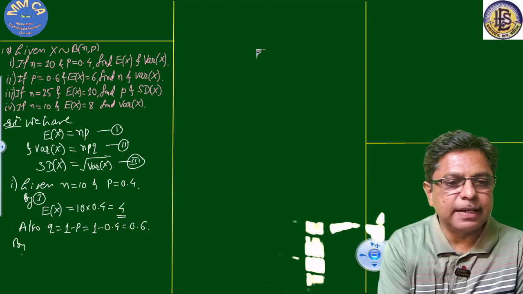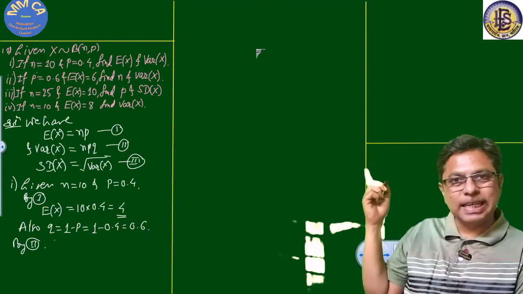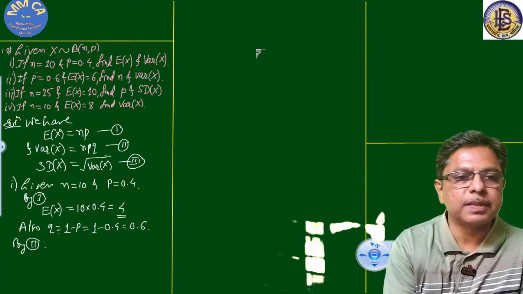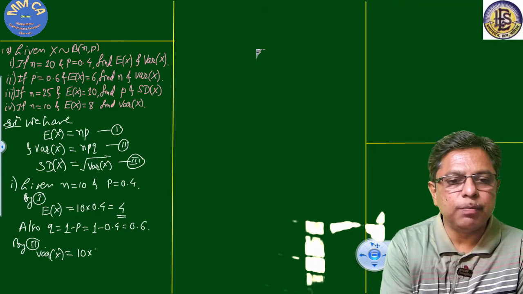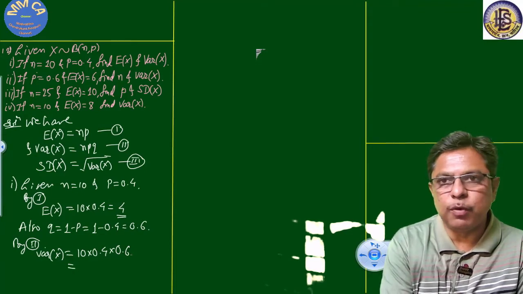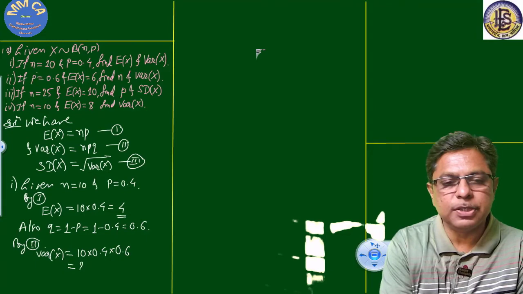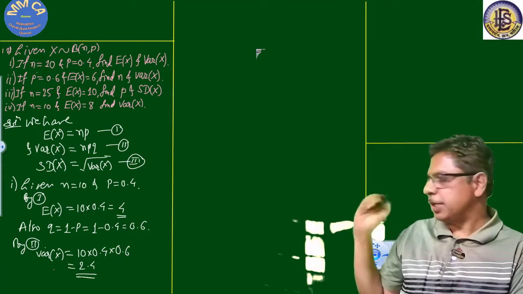Second, because we have to find the variance of x, variance of x is given by npq. n is 10 into p is 0.4 into q is 0.6. So this is 0.4 into 0.6, 0.24, into 10 is 2.4. And this is the answer of the first question.